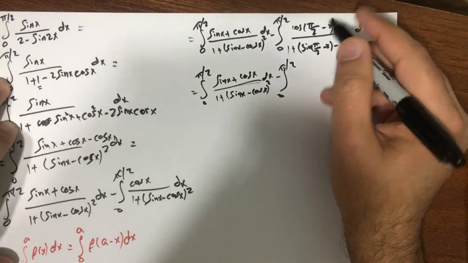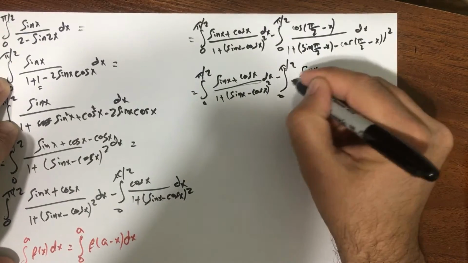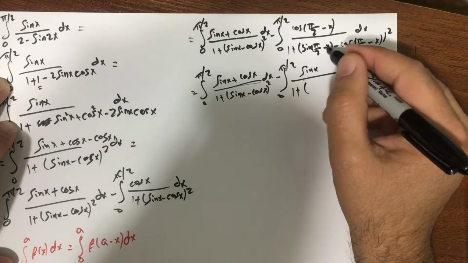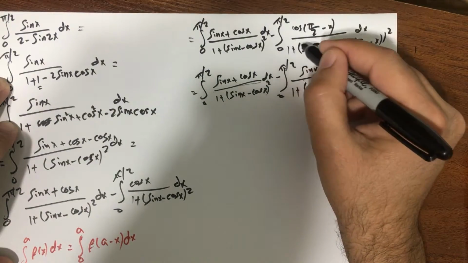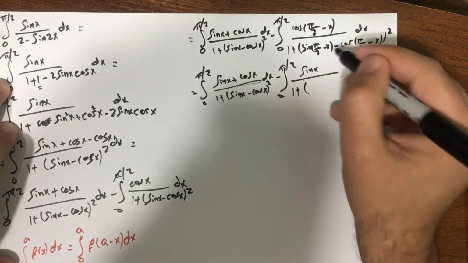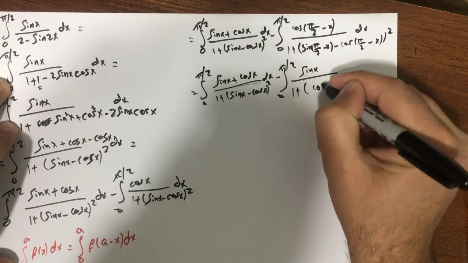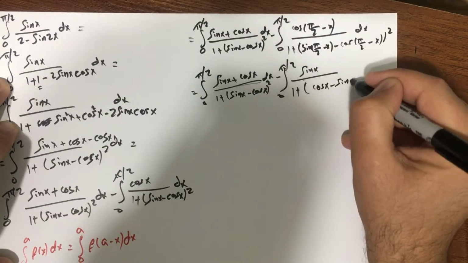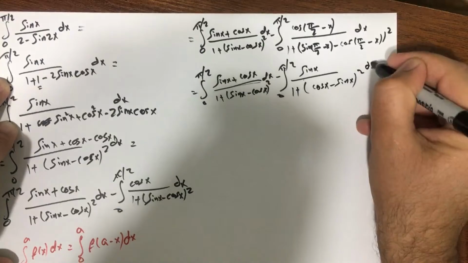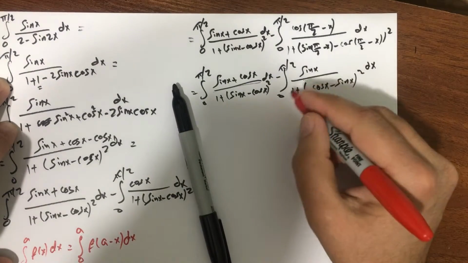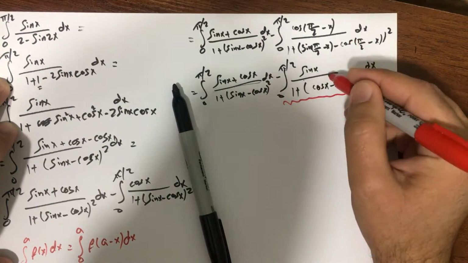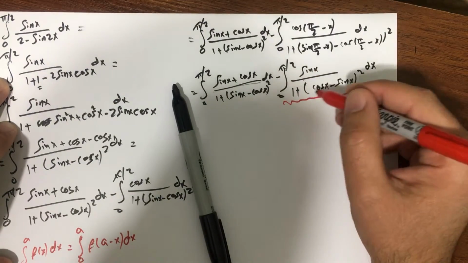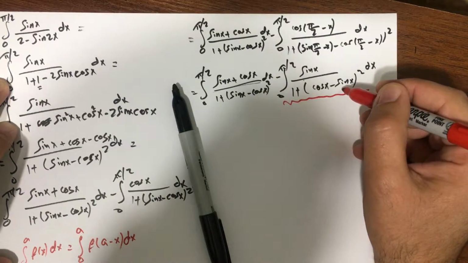Now cosine of pi over 2 minus x is sin x. And then we have 1 plus, also sine of pi over 2 minus x is cosine x, minus cosine of pi over 2 minus x is sine x squared dx. Now notice that this part of the integral is equal to our original integral, since we have the integral from 0 to pi over 2 of sine x over 1 plus cosine x minus sine x squared.